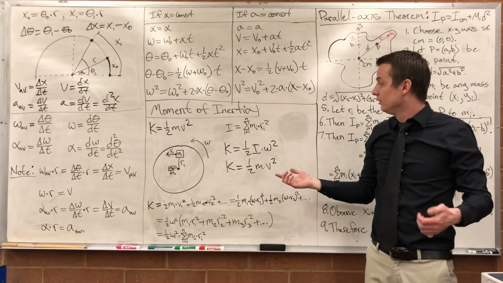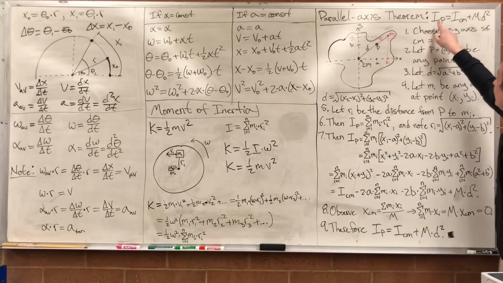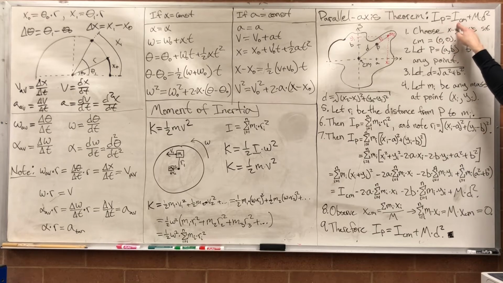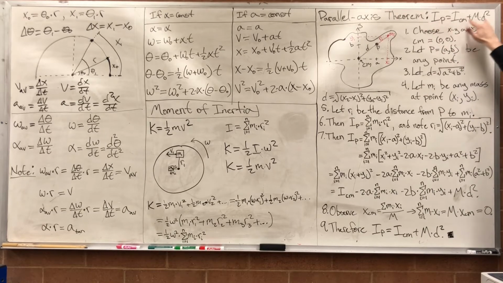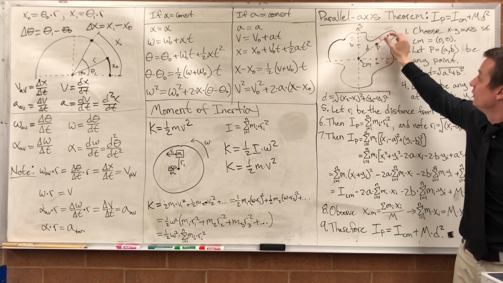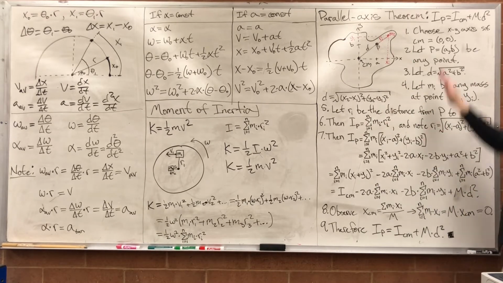Yes, we're rotating it around P. I'm going to show that rotating it around P is equal to rotating it around the center of mass plus this constant. So I take the distance each mass is from P, square it, multiply by the mass, add all those up, and show that it comes out this way.